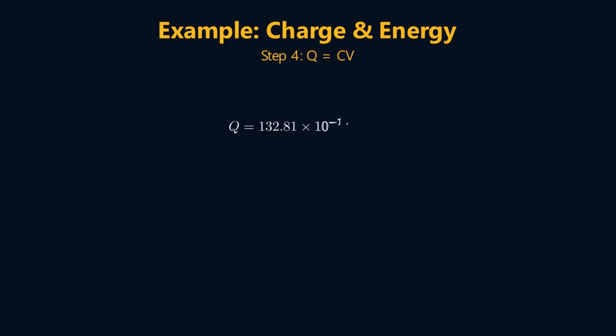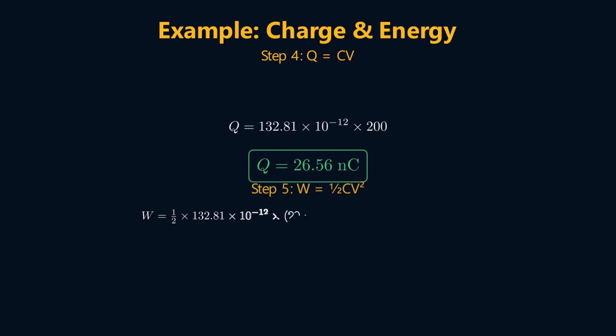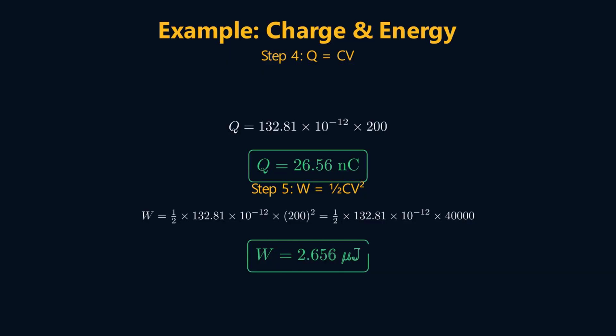Substituting, C equals 26.562 times 10 to the negative 12 times 0.01 divided by 2 times 10 to the negative 3. This gives C equals 132.81 times 10 to the negative 12, which is 132.81 picofarads.